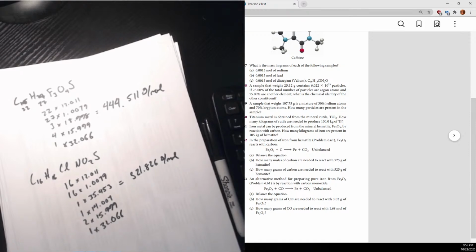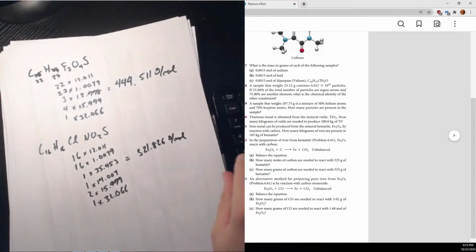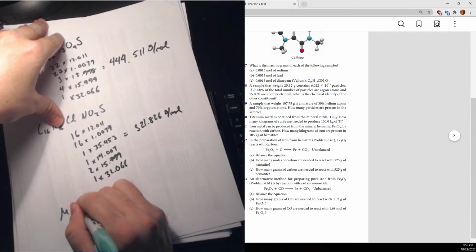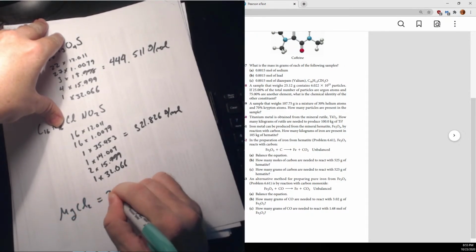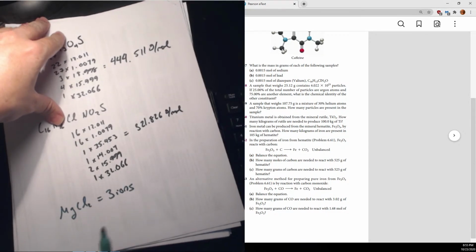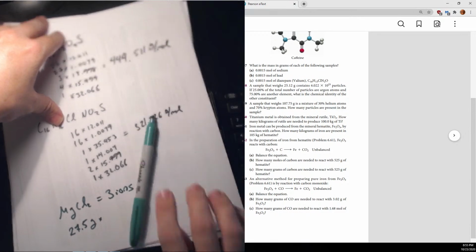How many moles of ions are in 27.5 grams of magnesium chloride? All right, so they're asking for ions. Well, magnesium chloride has 3 ions. Magnesium, chloride, and chloride. So, 27.5 grams divided by the molar mass of magnesium chloride.